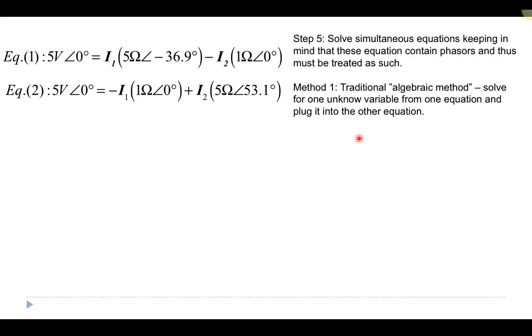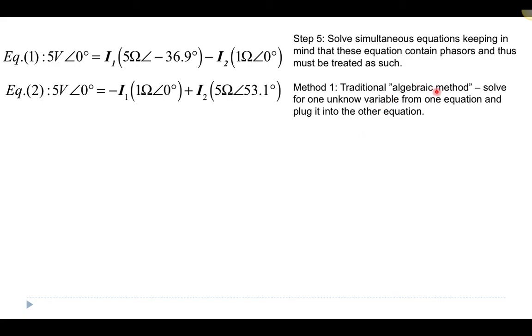But most of us probably learned how to do this using our calculators and setting up matrices. Now, the issue with trying to use matrices here is that most calculators will not allow you to put in complex numbers into your matrices. So if you have a TI-84 and you try to make a matrix out of this, it just won't work. If you have a TI-89, I think it might work, but you have to really know how to use it.